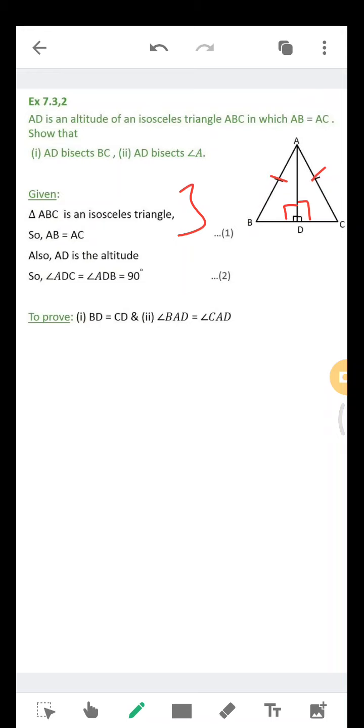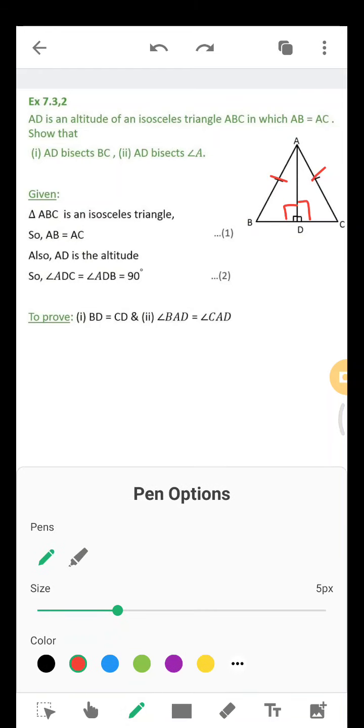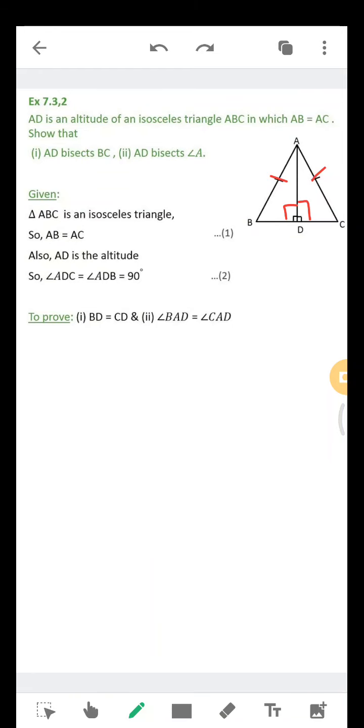How many parts do I need to prove 2 triangles are congruent? 3 parts. So I got 2 parts till now, 1 angle and 1 hypotenuse. Then what is the third part I can use? Yes, I can use this part also, the common part. So I can say these two triangles are congruent. Once they become congruent, I can say this by CPCT.